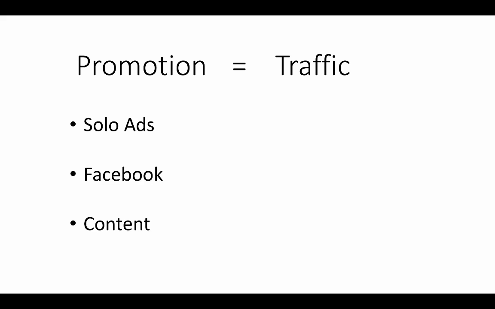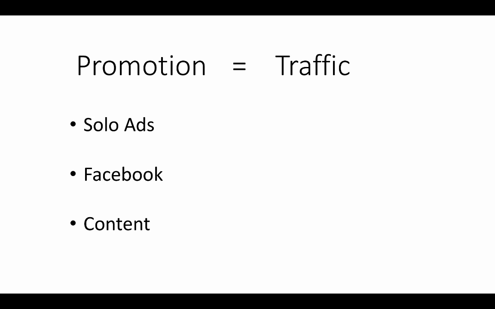Now, there are all kinds of traffic methods with internet marketing today. There are just so many of them. In this acceleration training, I'm going to share with you 3 main traffic methods that you can use to get started. The first one is solo ads, the second one is Facebook, and the third one is content. And what is solo ads? Solo ads is basically an advertising opportunity where you can buy traffic from someone's existing mailing list.